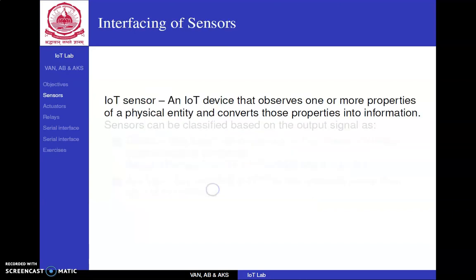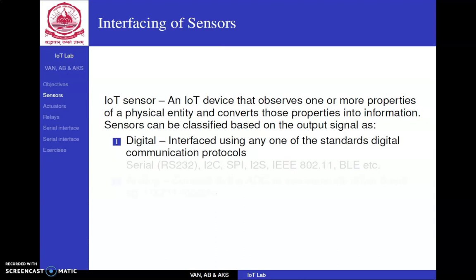So let us see what a sensor is. A sensor brings information from the world into the system. Sensors are of two types. One with digital interfaces, that is, they give digital data. You can find a lot of examples during our theory session.